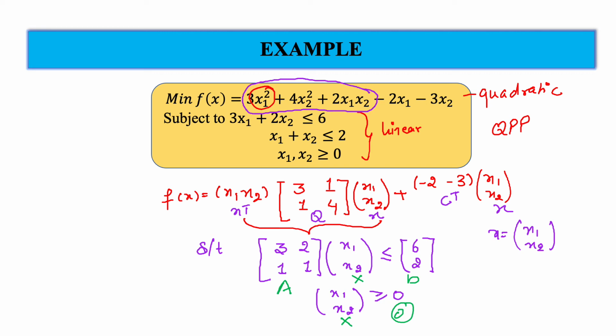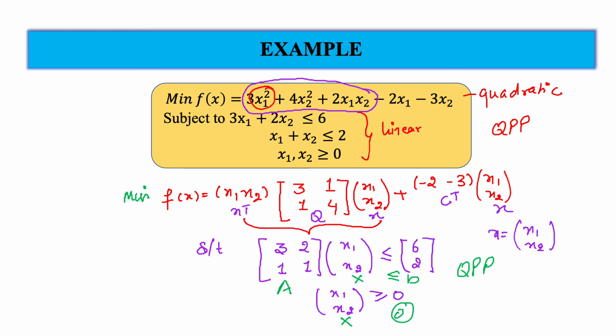This is the same format which we discussed in the last slide: minimizing the function f(x) equals x transpose Q x plus c transpose x, subject to Ax less than or equal to b and all x greater than or equal to 0. So we can say that this problem is a quadratic programming problem.